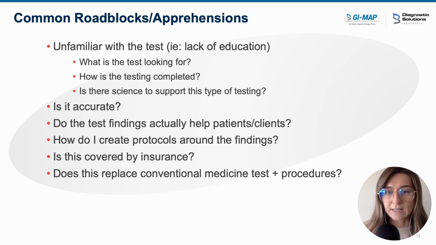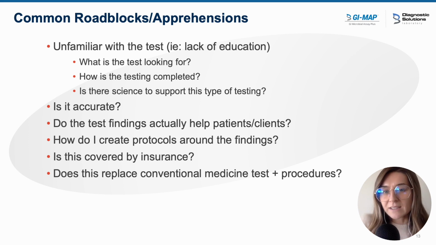How is it conducted? Is there scientific research to support its validity? Can it actually be deemed accurate? Do the test findings genuinely contribute to helping patients? How can protocols be developed based on these findings? Is insurance coverage available for the test? And does it serve as a replacement for traditional medical testing?